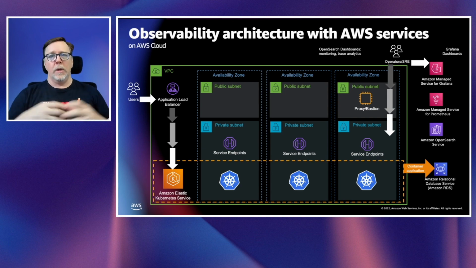You're going to use, whether it's the OTel collector or FluentBit or one of the other architectures, to bring that data out to Managed Service for Grafana, Managed Prometheus, and Amazon OpenSearch Service, and then use Grafana for dashboarding or OpenSearch Dashboards for dashboarding.